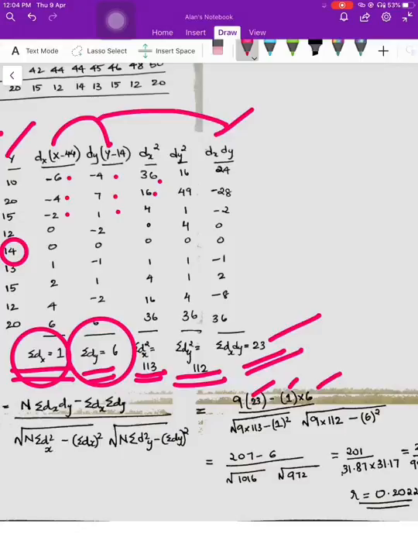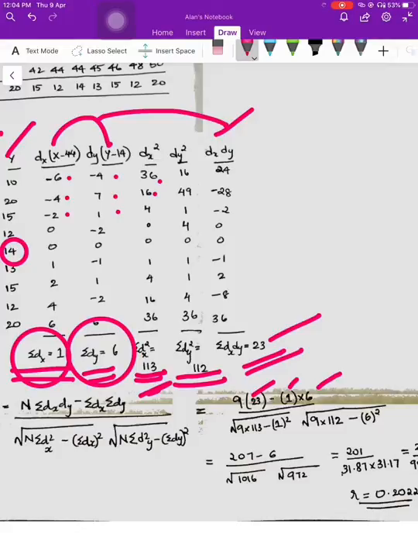So it's already kept in there. Now what is the value of n into sigma dx square? That is 9 into sigma dx square, and sigma dx square is 113, as you can already see here. So it's 113 minus sigma dx whole square.